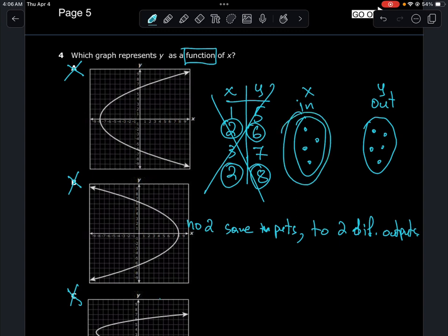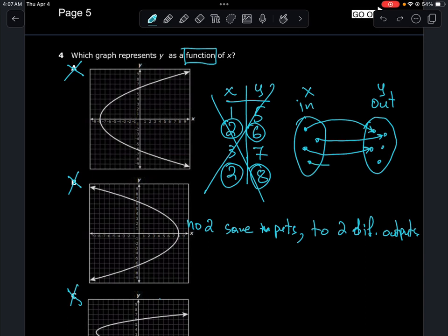Here's the set of inputs, the set of outputs. Okay, and then I'm going to have arrows connecting those. Okay, that's a function. I don't have two same inputs going to two different outputs.